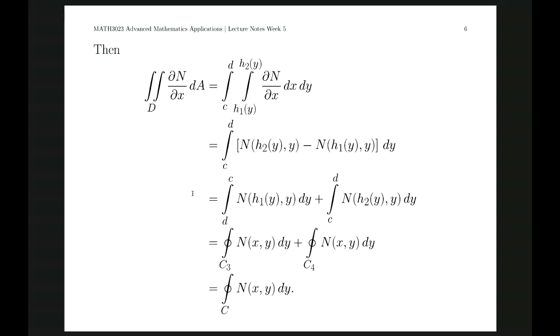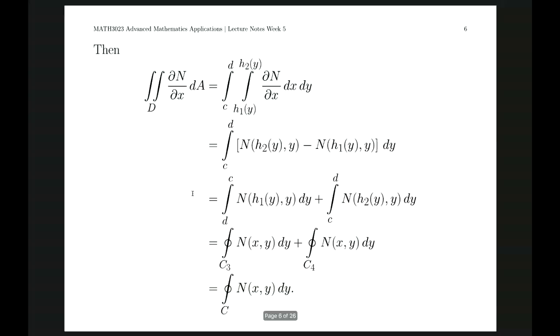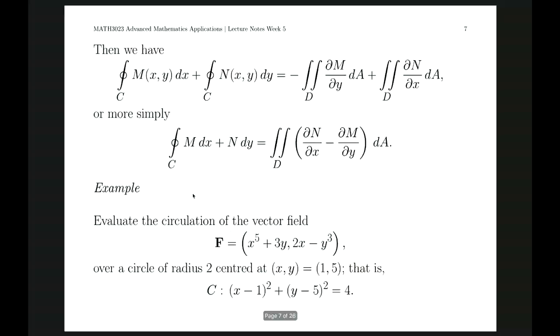Now I clean this up. I've got the integral from d to c along h1, so from d, backwards. Hence this minus sign becomes a plus. And then this one is just along this, whoops.